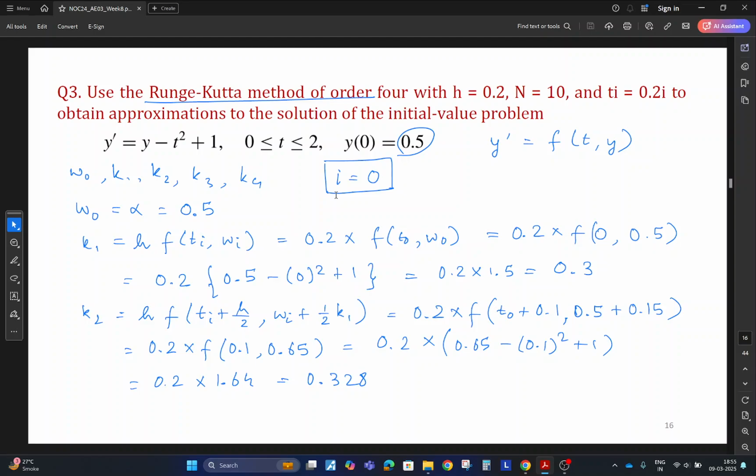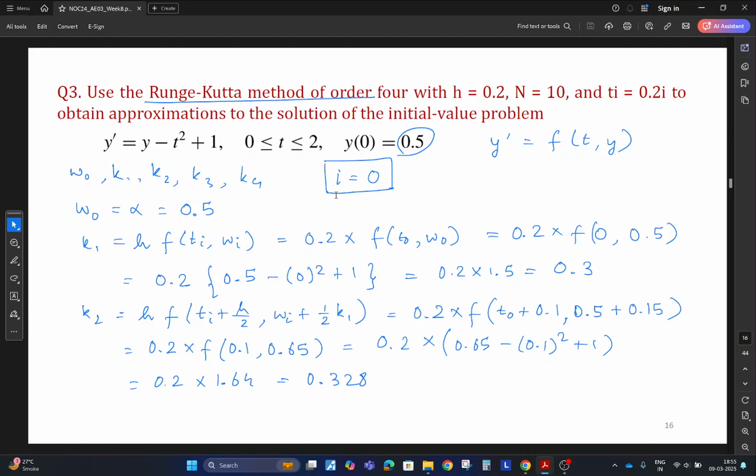So this will become the step size 0.2 times the function value at t0, w0, which is 0.2 times the function value at 0, 0.5, 0.5 being w0 and t being 0, since we are still at the zeroth iteration. This simply becomes 0.2 times 0.5 minus 0 square plus 1, or 0.3.